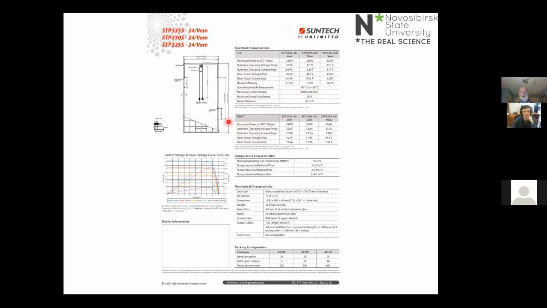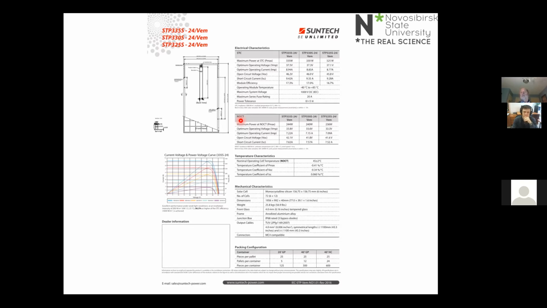And in the next table here, you see what's called the performance for the nominal operating cell temperature, NOCT, because the flash test is done at 25 degrees.